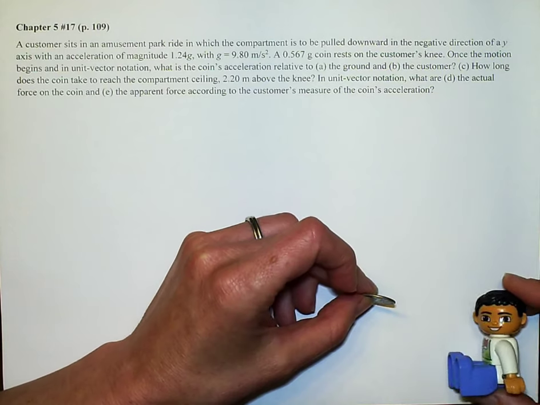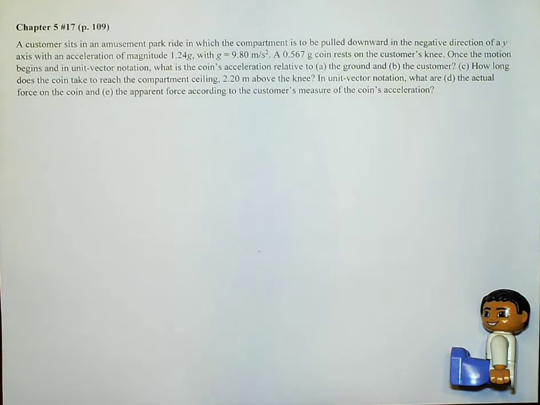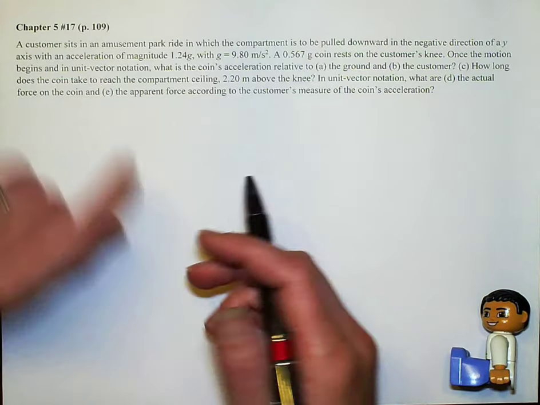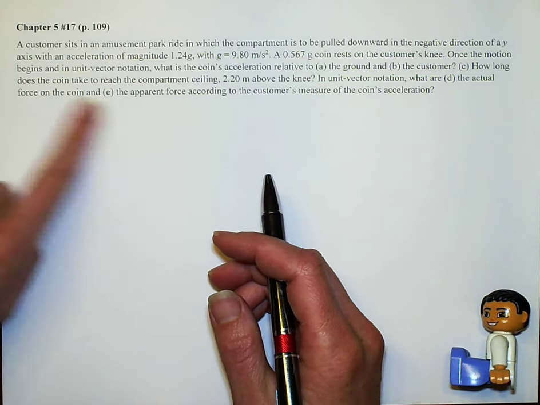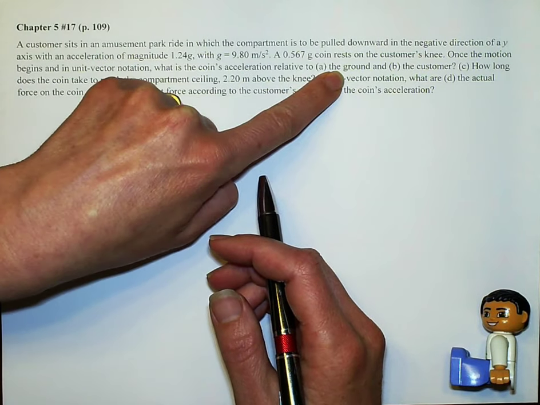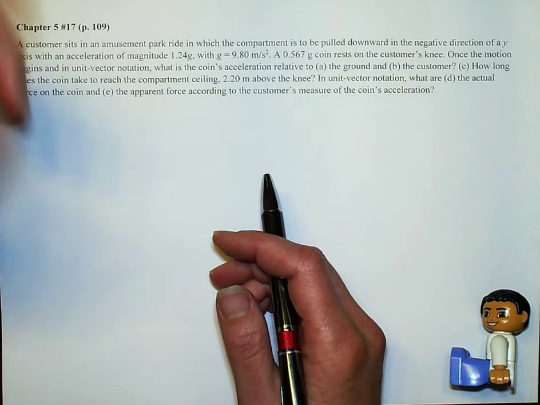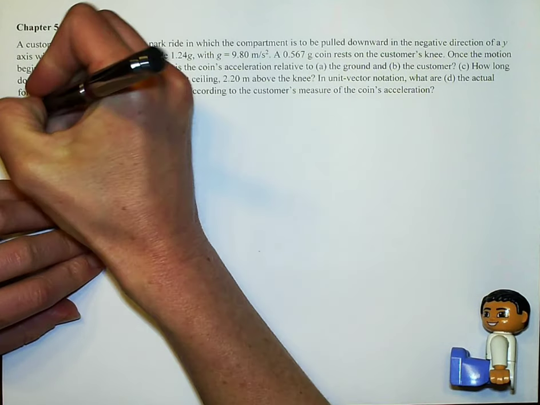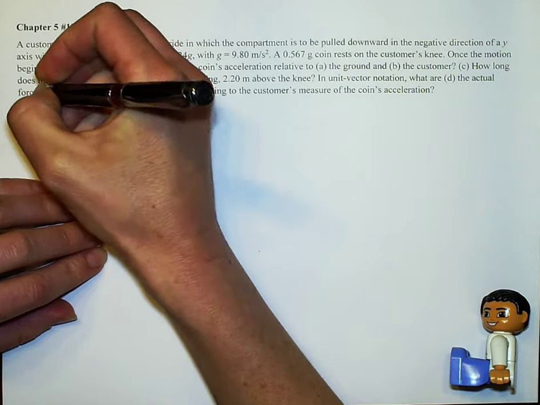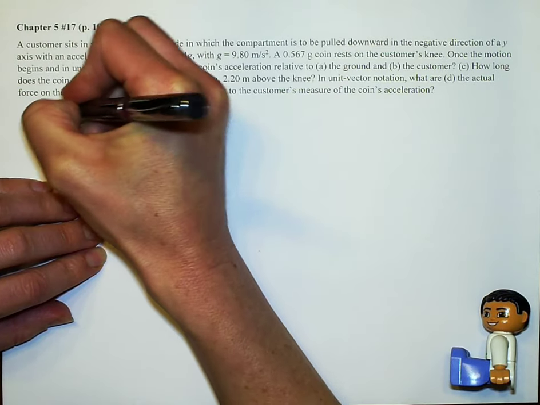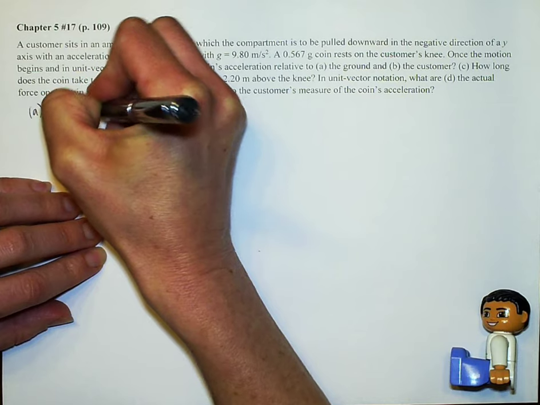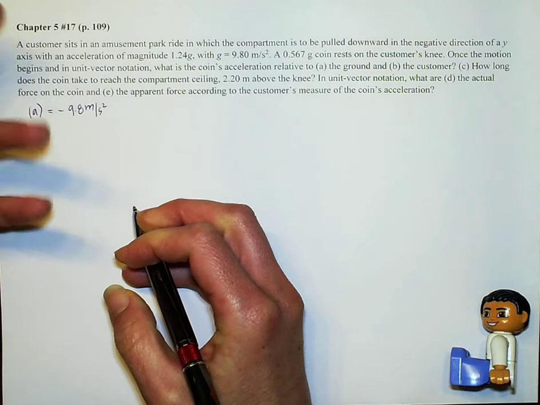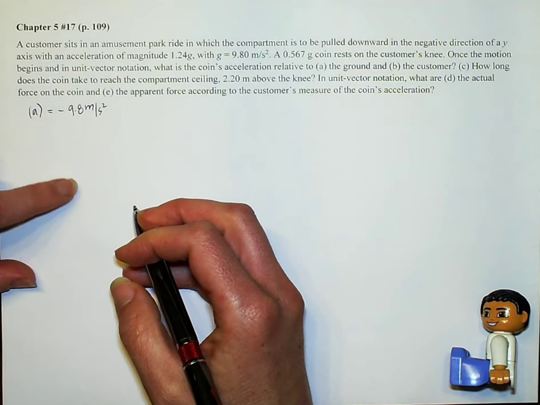Now let's solve. He can just hang out right here and watch what we're doing. So first of all, our first part is asking what is the acceleration of the coin relative to the ground. At rest, the acceleration relative to the ground is just negative 9.8 meters per second squared, because it's just gravity. There's nothing else that's actually affecting the coin.